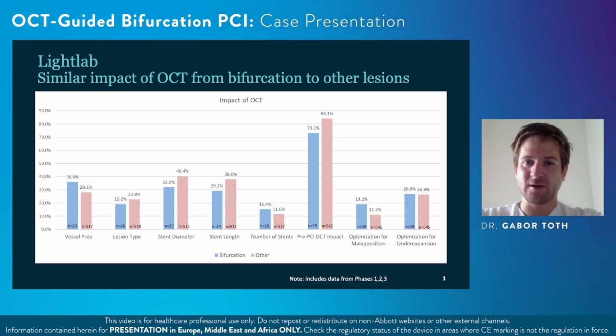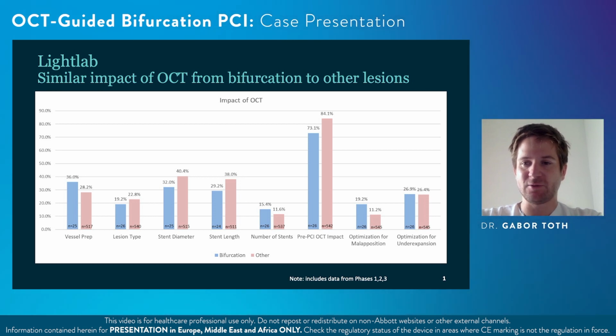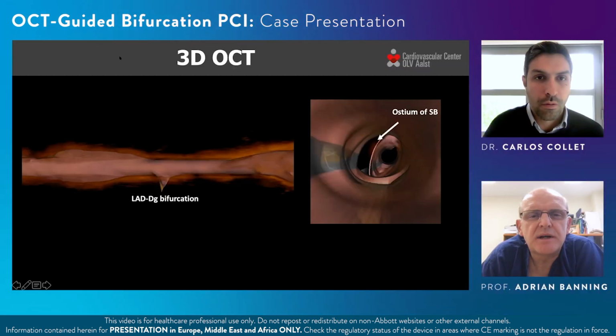As you can see here, even in bifurcations, there was quite a large number of cases where the OCT-derived information completely changed the previous strategy of the operators, as it was used before the PCI or during the PCI. I'm sure that in this case, the use of imaging helped a lot to clarify some unanswered questions.